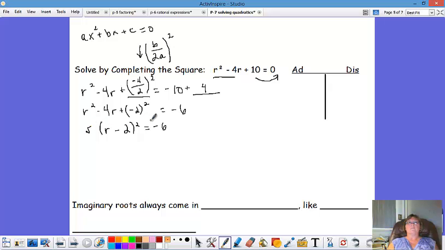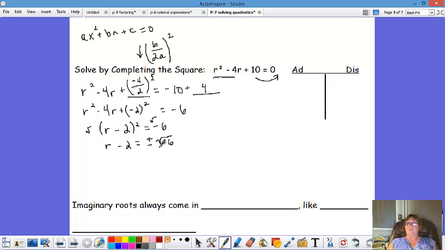So we're going to take the square root of both sides, and we're going to say that r minus 2 will be equal to the positive or negative square root of negative 6. And some of you are going to be thinking, whoa, you can't have negatives under there. And I'm going to say, you know what, you're absolutely right. This is not a real number solution. It's going to be a complex number.